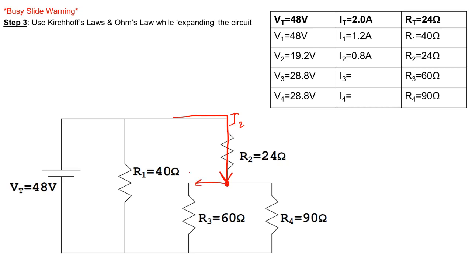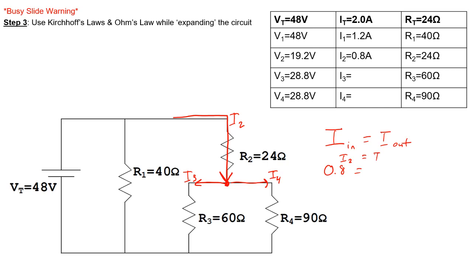Then we will have current leaving the junction, which I'm going to call I3 and I4. Using our current in is equal to our current out, or Kirchhoff's current law, our current into the junction is 0.8 amps. I2 is the current going into the junction.